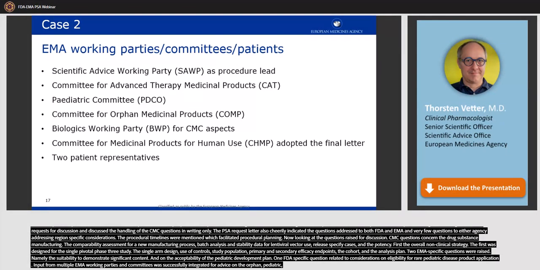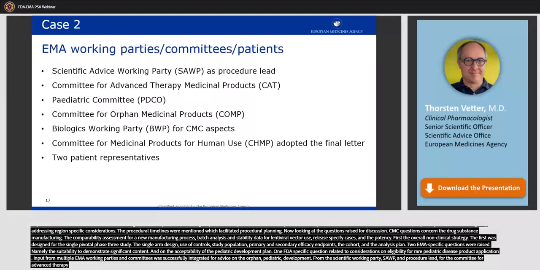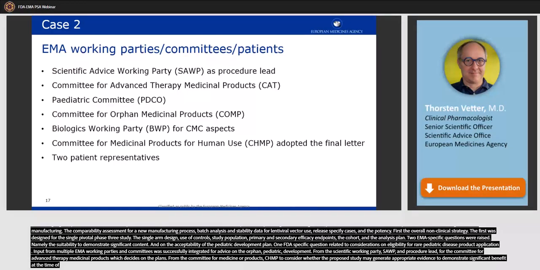From the Scientific Advice Working Party, SAWP, as procedure lead, from the Committee for Advanced Therapy Medicinal Products, CAT, which is concerned with ATMP authorization, from the Pediatric Committee, PDCO, which decides on pediatric investigational plans, from the Committee for Orphan Medicinal Products, COMP, to consider whether the proposed study may generate appropriate evidence to demonstrate significant benefit at the time of marketing authorization application.